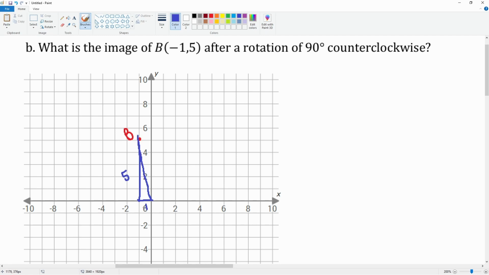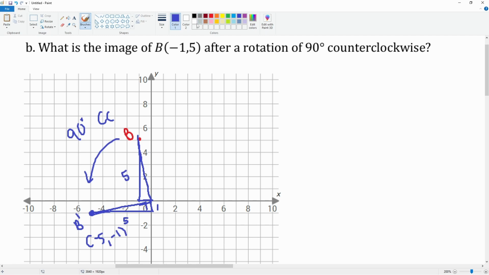Okay. Then you want to rotate it so it looks like this. It goes right here. Right? So this is 1, and this is also 5. So the point's here. B prime, because it's going 90 degrees counterclockwise. So it is the point here. The point here, it is negative 5 comma negative 1.